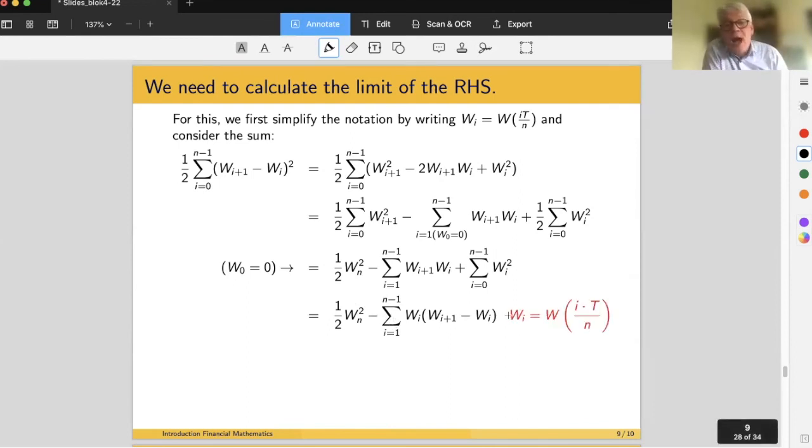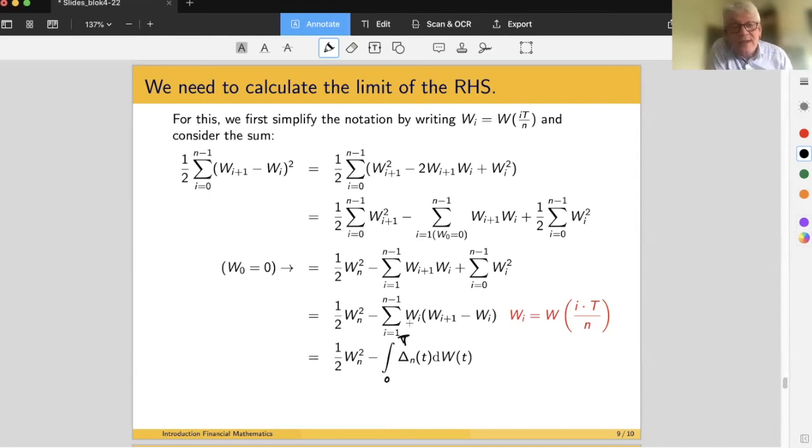Remember that w_i is w at the point i times t over n. And you can imagine that we can at some point take n to infinity, take the mesh width to 0, and that here we see something appearing. So in fact, this is the definition of what we have just seen. It is the integral of delta n t dw_t, the integral from 0 to capital T, of course.